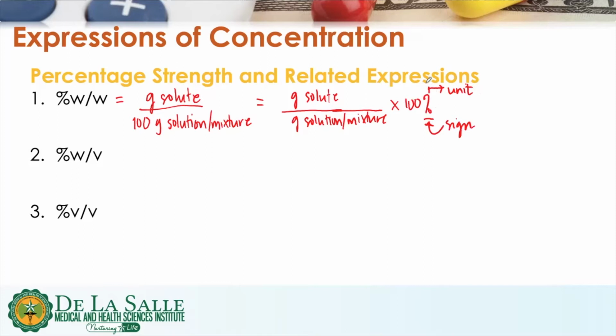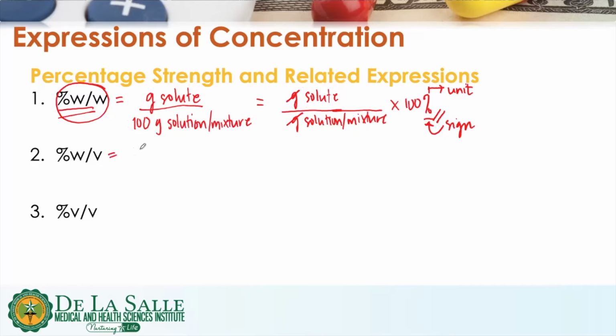So when you see the percentage in my calculations, I only use it as a unit, which will not be used in any calculation. So I use that as a unit so that when I cancel the units in this ratio, what will be left is the percentage. Thus, I will know that what I am computing is a percentage.